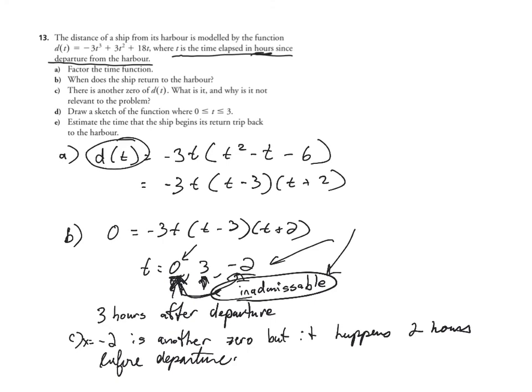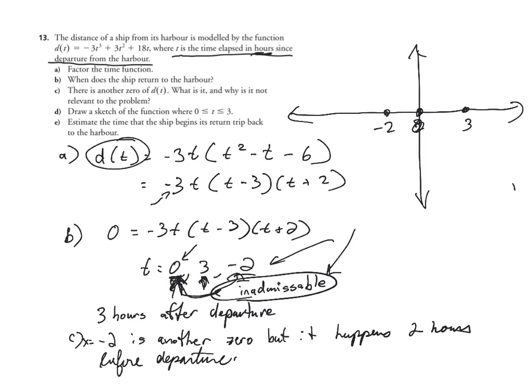So D, draw a sketch of the function just between 0 and 3. Okay, well, I'm going to draw the whole thing and then just erase the rest. All right, so I got my zeros at 0, 3, and negative 2. My leading coefficient is negative, so I know it goes like this.